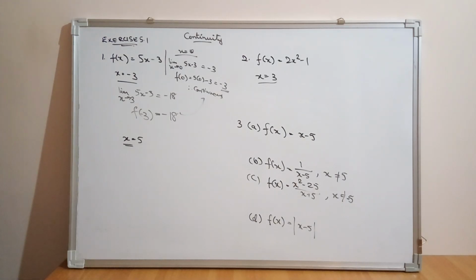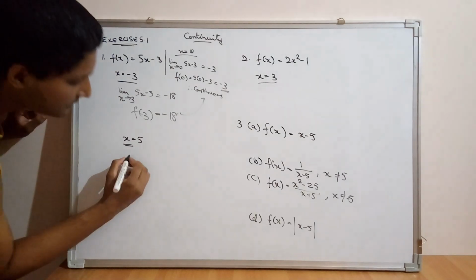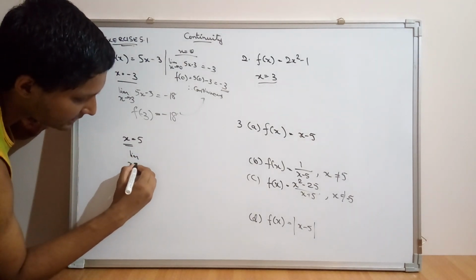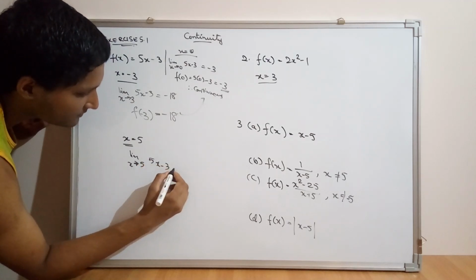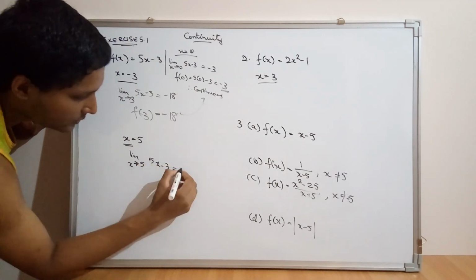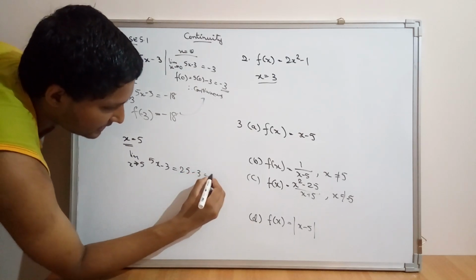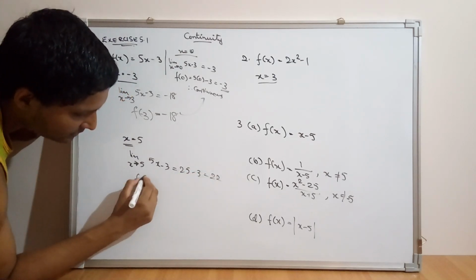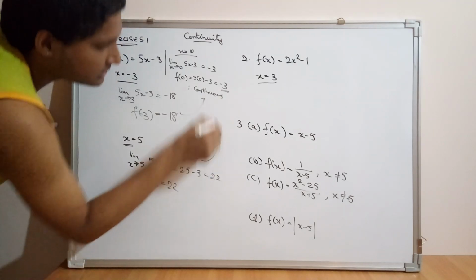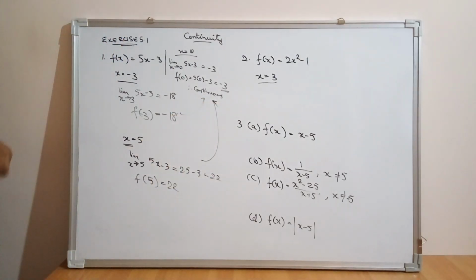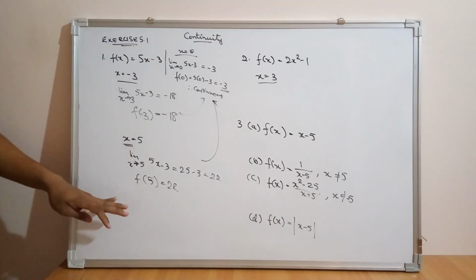While doing it, you need to be careful. Now the limit as x tends to 5 of 5x minus 3 is 25 minus 3, or 22. So f of 5 is equal to 22. Therefore, this is also continuous. That's all about this first question.